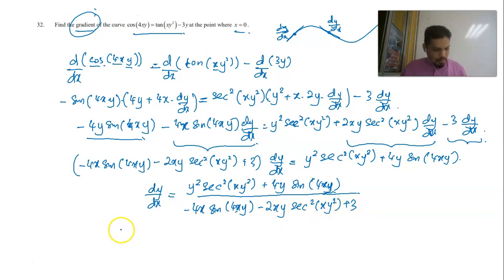According to the final answer given, it is 1 over 27. So substitute x with 0 here, and try to see if you can get the final answer given, which is 1 over 27. Okay, that's all for today.